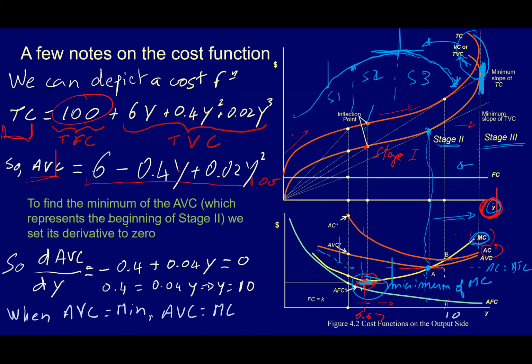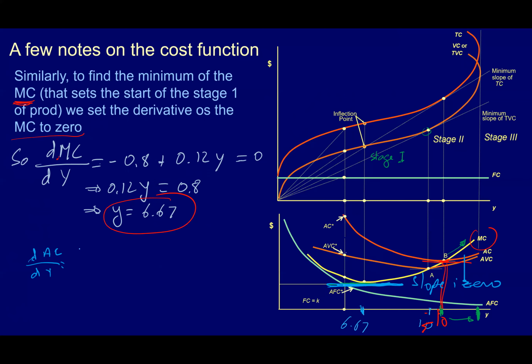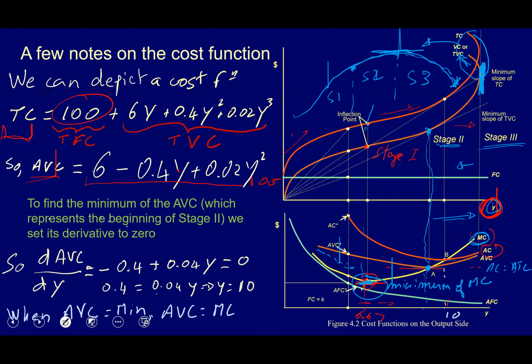Our variable cost is 6 minus 0.4y plus 0.02y squared. We take the derivative of 6 minus 0.4y plus 0.02y squared by dy, and that is going to be equal to minus 0.4 plus 0.04y.